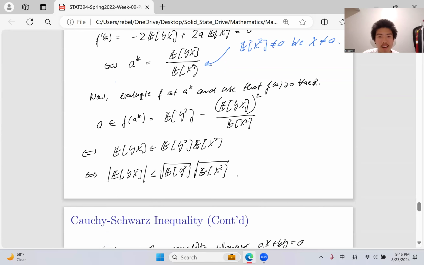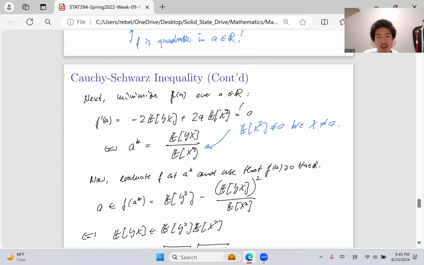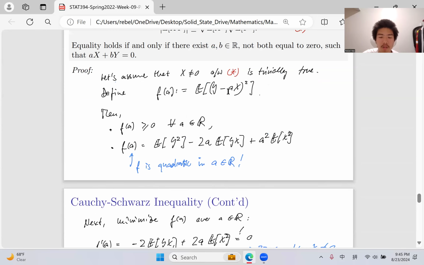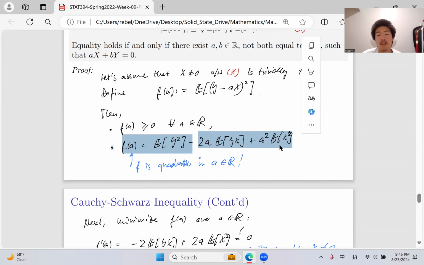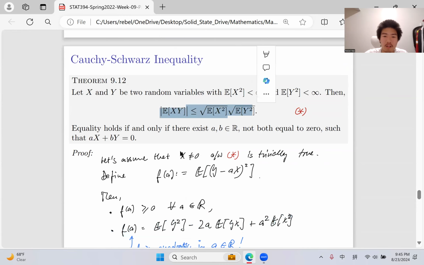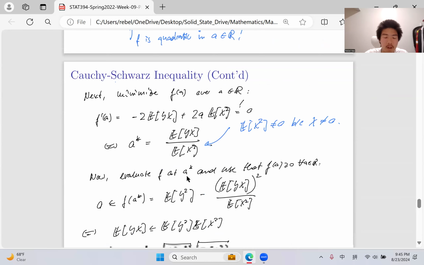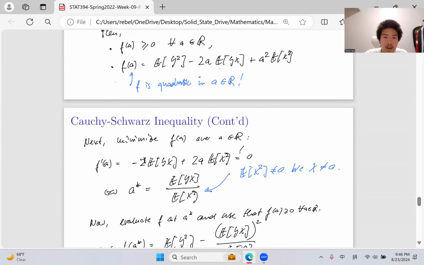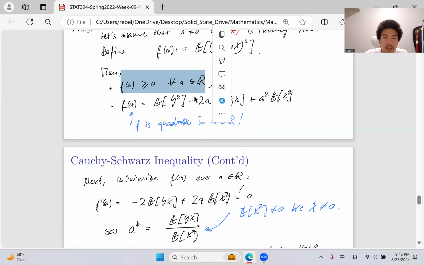And because A star is the minimum point of this function, we can plug A star back into the original function. So we can find the inequality here, because we already have non-negativity. So 0 is smaller or equal to f(A star) by this fact.